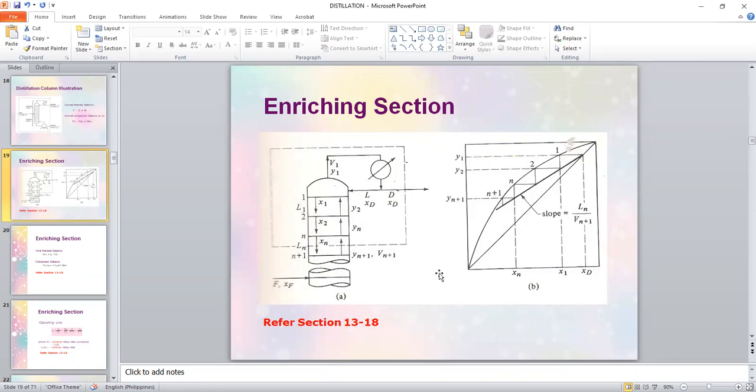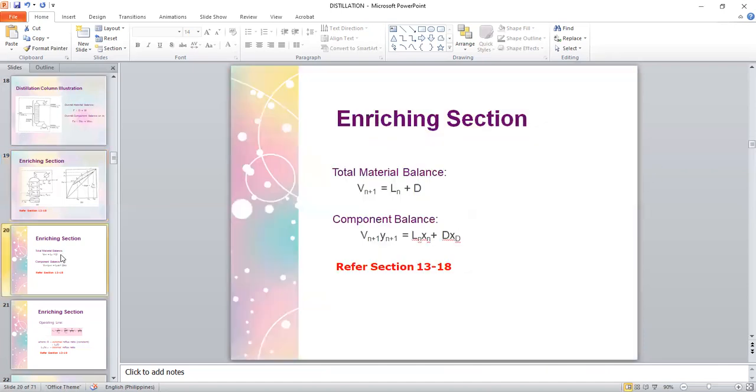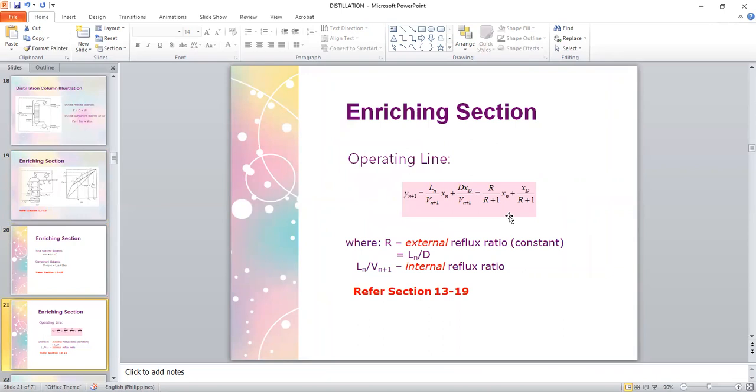Now, I mentioned a while ago, it's quite impossible. I haven't encountered a problem that will give you this ratio. So what's the alternative? I'll go back to this equation later, class. That brings us to the concept of the reflux ratio.